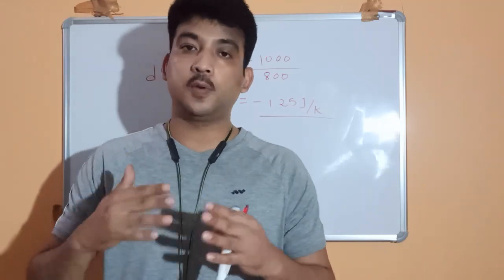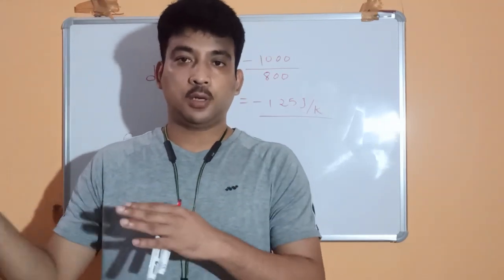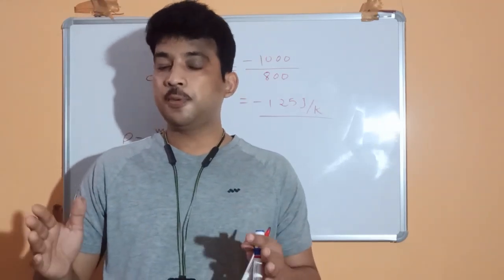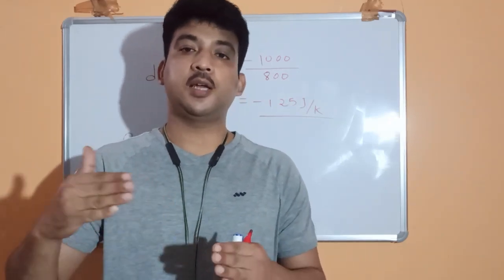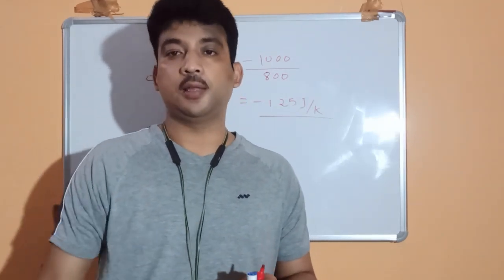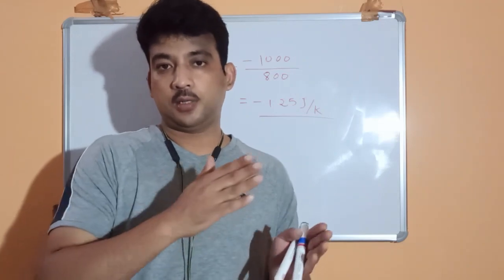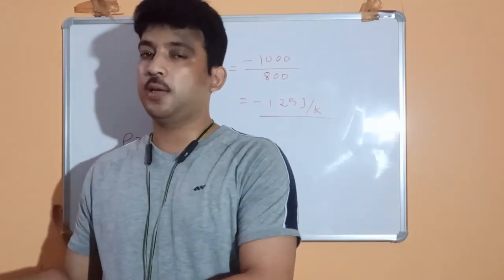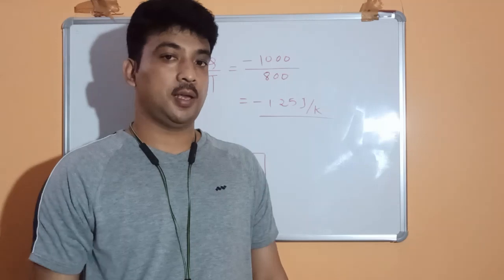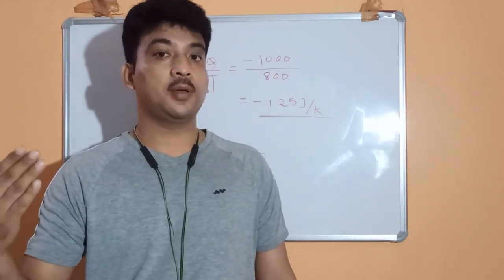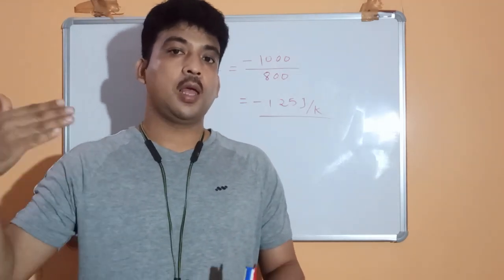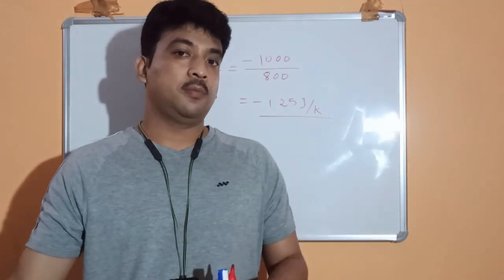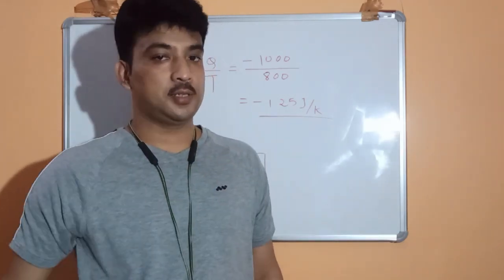Some amount of heat is always lost to the surrounding. That means the available energy decreases each time we interact heat. When heat is transferred from one system to another, the available energy decreases and entropy increases. Entropy is the measurement of unavailable energy. The more energy becomes unavailable, the more entropy increases.